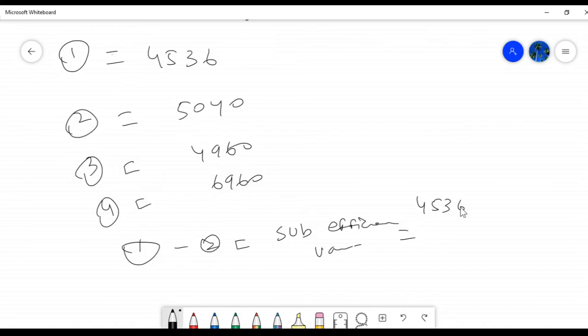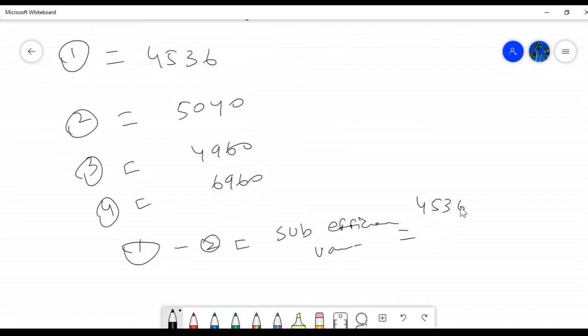Then what? 1 minus 3 is my efficiency variance. Efficiency variance how much? 4536 minus 4960 equal to how much? 424 adverse.